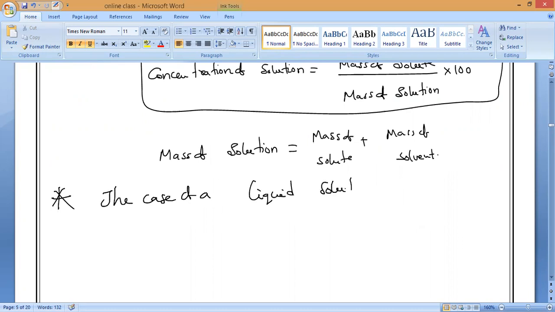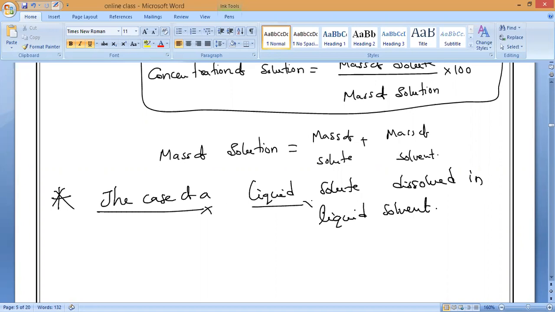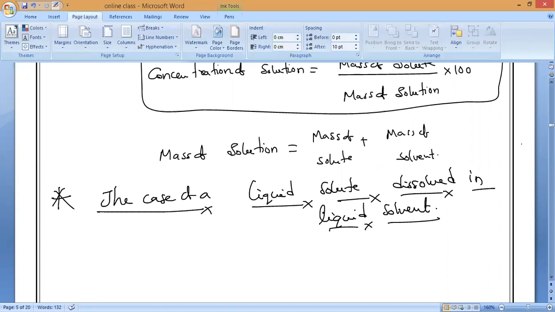Then how to find the concentration? What is the method we'll use now? By mass or by volume? By volume.